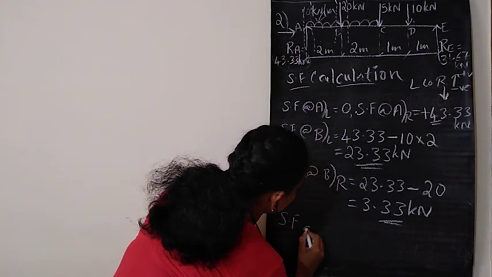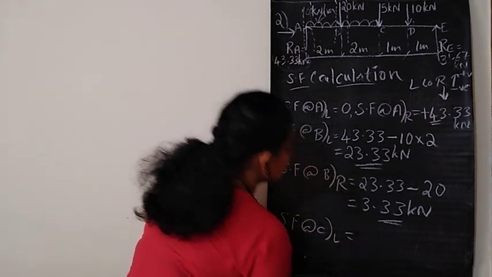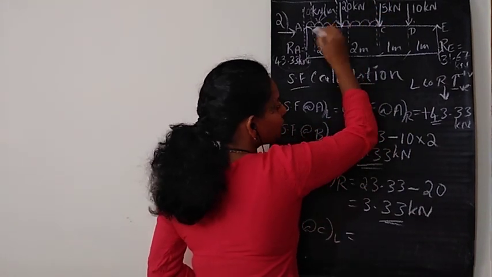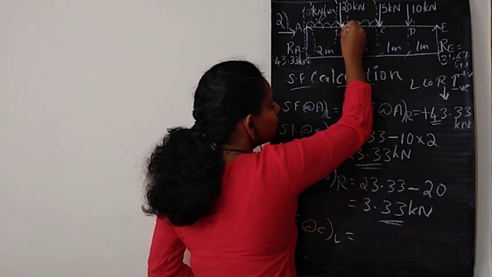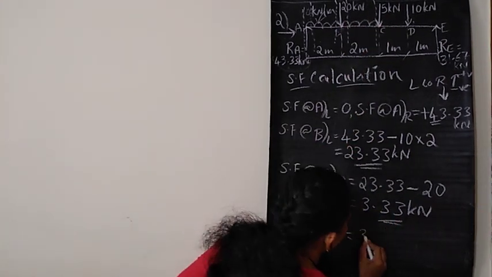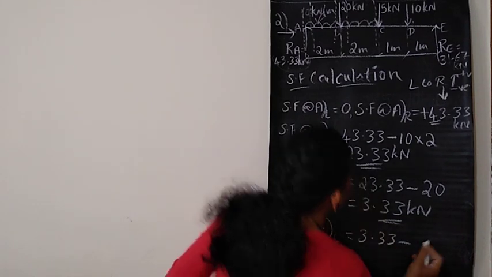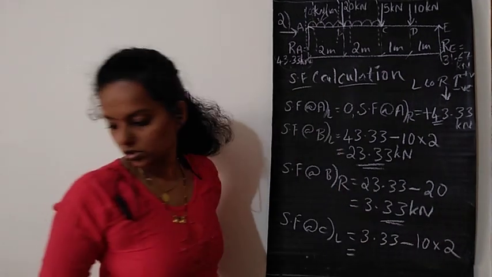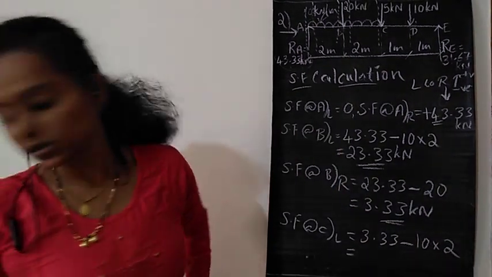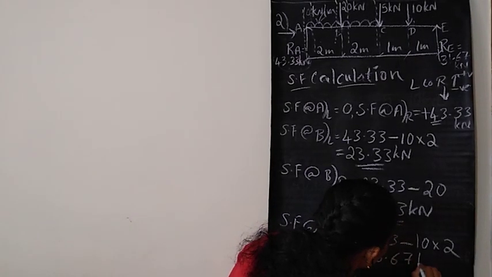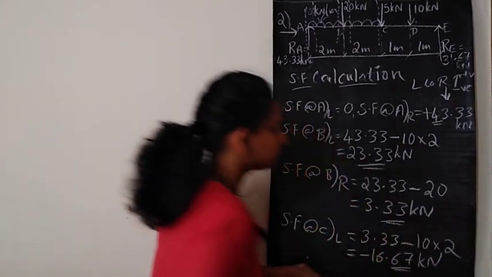Next, shear force at left of C, that is this. Again you have to consider half of the UDL, so consider this part of the UDL, that is plus 3.33 minus 10 into again 2. What is your value? Minus 16.67 kilonewton.